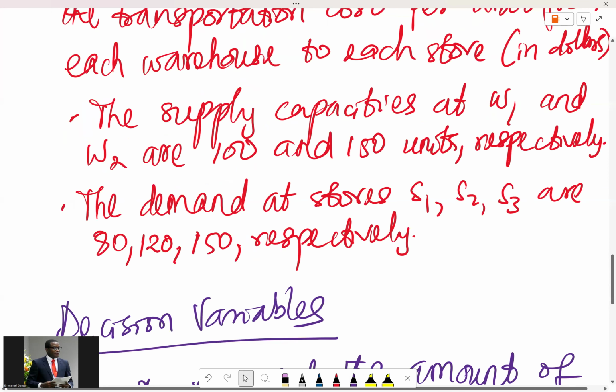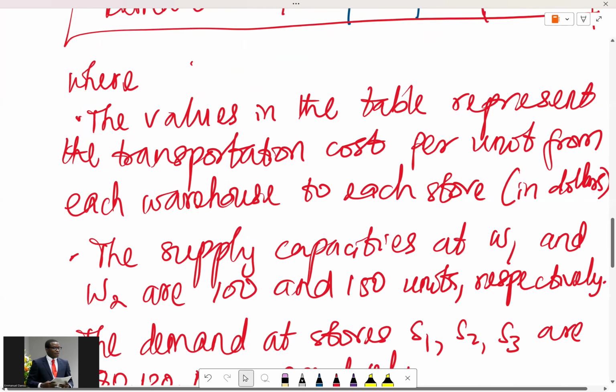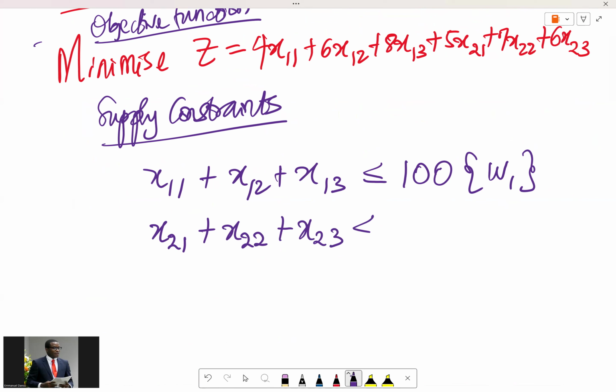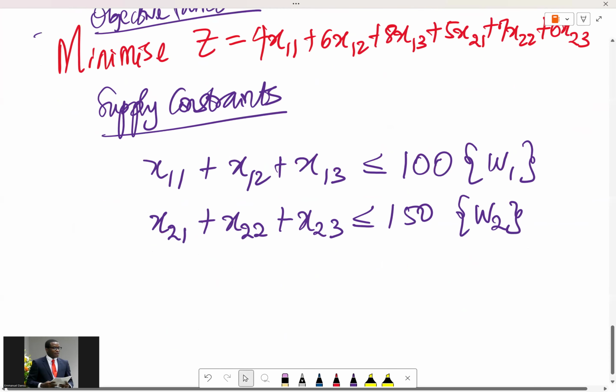For warehouse 2, it is X21 plus X22 plus X23 less than or equal to 150, because warehouse 2 can only supply a maximum of 150. So those will be the supply constraints.